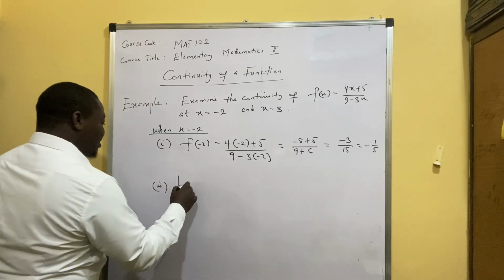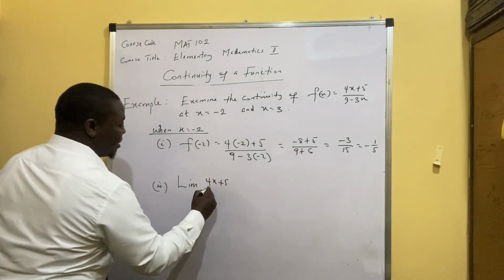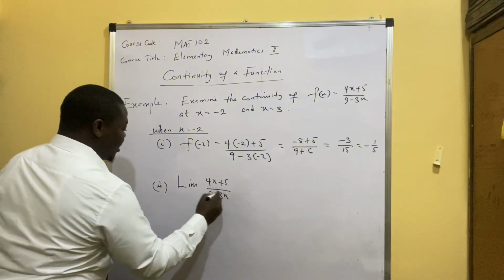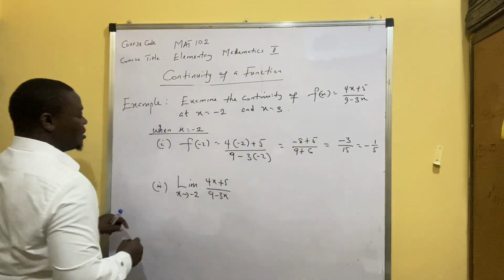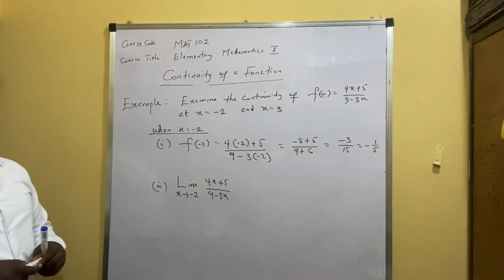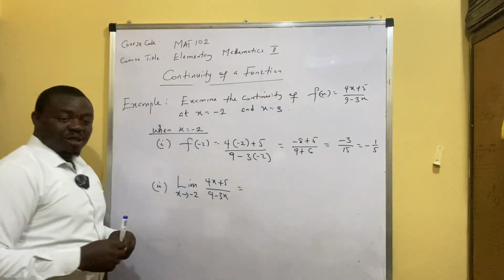Now, let's check the second property. We have to find the limit of f of x, where f of x is 4x plus 5 divided by 9 minus 3x, as x tends to x naught. Our x naught is minus 2, that means as x tends to minus 2. Do you have any question? So how do we take this limit?